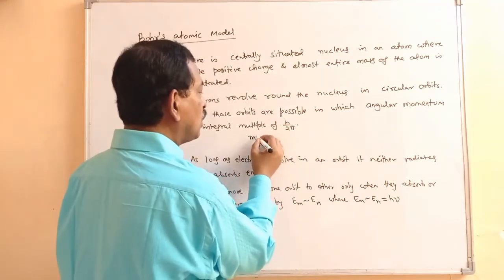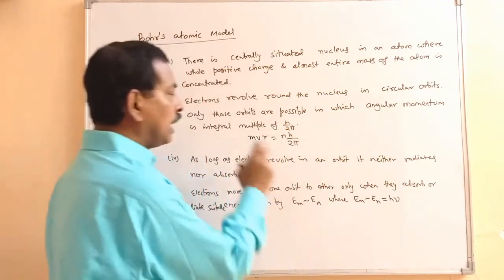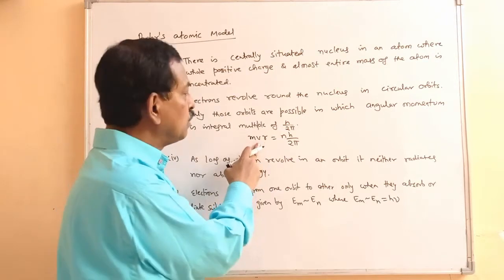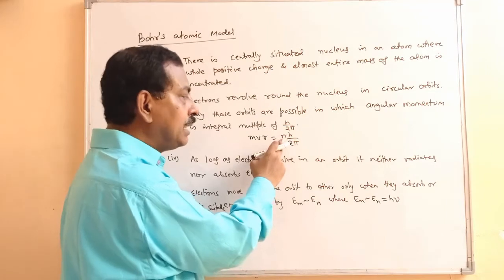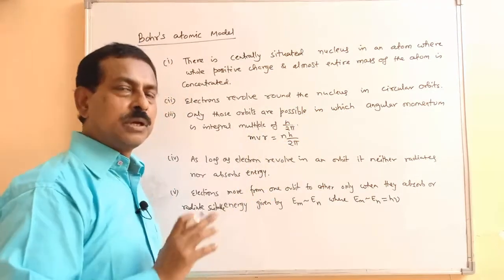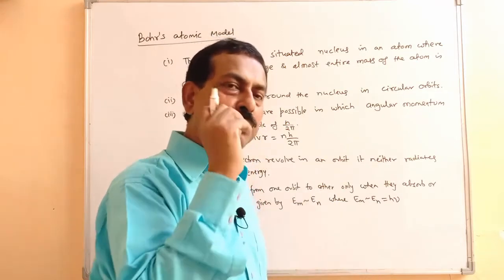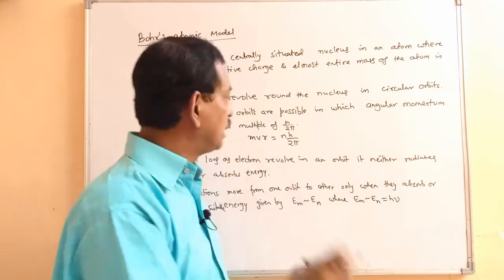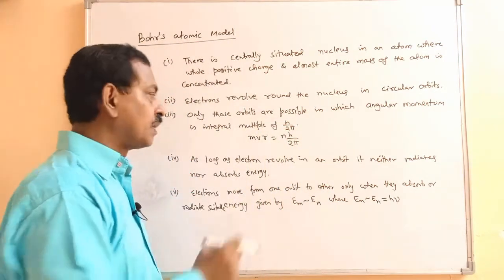Angular momentum mvr should be nh by 2 pi. m is the mass of the electron, v is its velocity in a particular orbit of radius r, h is Planck's constant, and n is the principal quantum number. So it's not that the electron can revolve in any orbit; it will revolve only in that orbit where its angular momentum is an integral multiple of h by 2 pi.